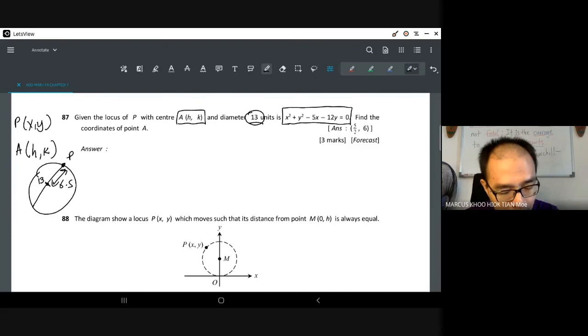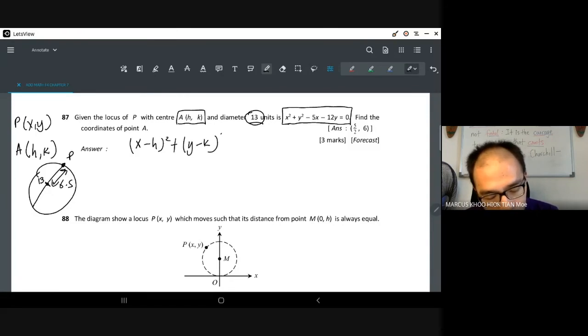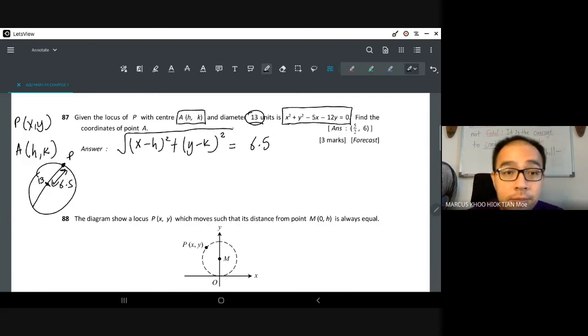So pelan-pelan. Let's do with the formula that we know first. Square root of (x minus h) squared plus (y minus k) squared equals 6.5.